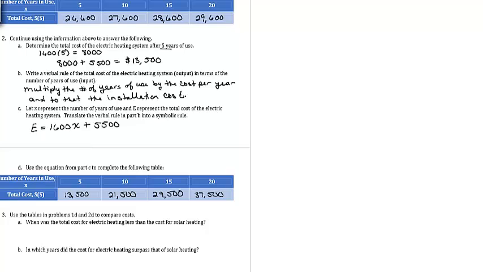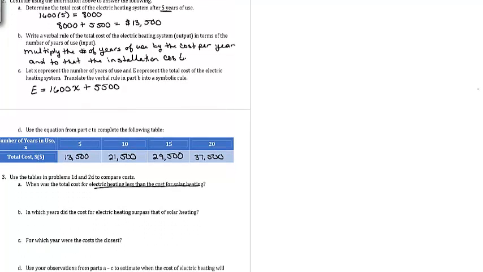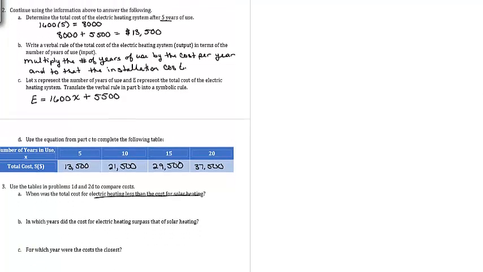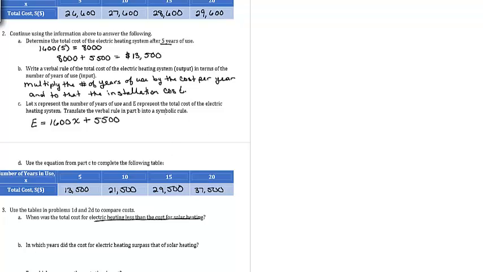And we want to know when was the electrical less than the solar heating. So it's less than for 5 years. It's also less than for the 10 years when you compare the two costs. But now when we get up to 15 years, all of a sudden the electrical is more than the solar. And it looks like it's going to be pretty close to around the 15-year mark when that change happens.